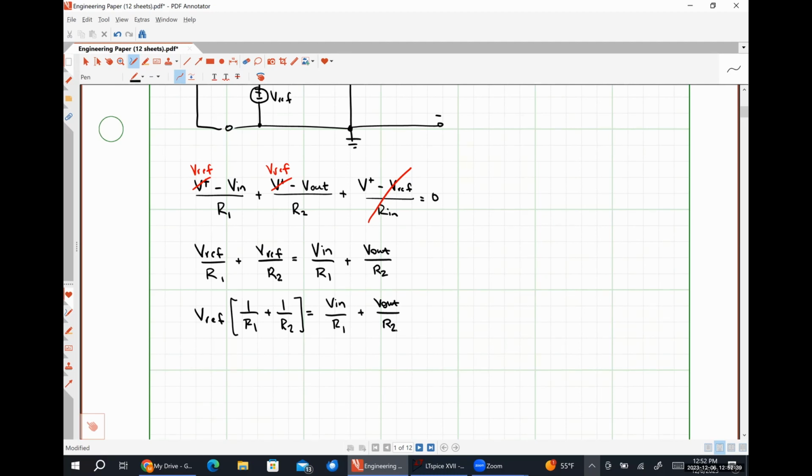1 over R1 plus 1 over R2 is just the reciprocal of the equivalent resistance of those guys, right? If I have R1 in parallel with R2, that would look like 1 over R1 plus 1 over R2. This is that exact thing, except without the 1 over bit. So we know that two resistors in parallel can be expressed as R1 times R2 over R1 plus R2. So I'm going to multiply both sides through by the reciprocal of that to clear this thing.